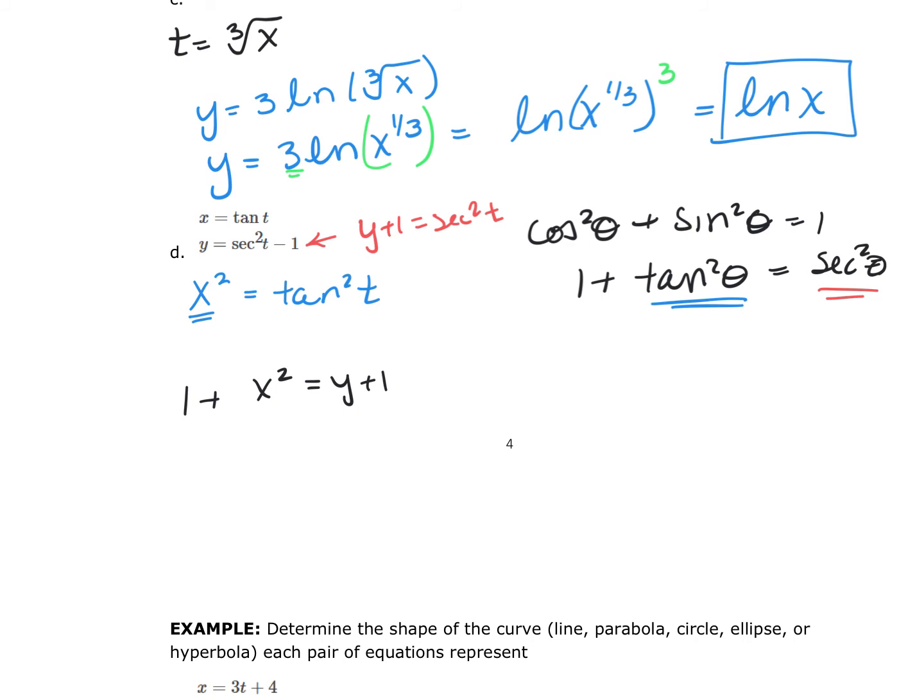I can subtract y from both sides and I get x squared is equal to y, and I am done there. All right, so that's just going and converting from parametric into Cartesian.